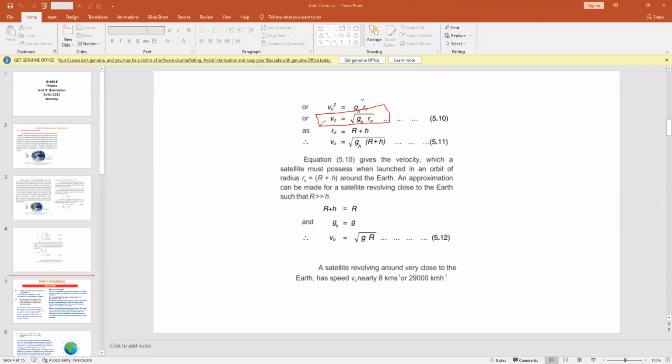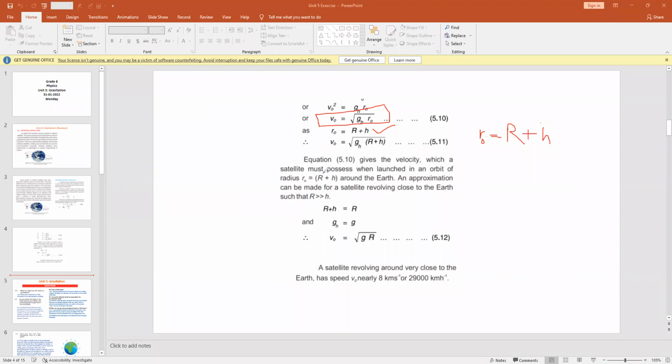In the start we discussed that the orbital radius is equal to the radius of the Earth, that is from the center of the Earth, plus the altitude at which the satellite is placed. So we just put the value of this r naught here and we get the equation: v naught is equal to the square root of g h into r plus h.